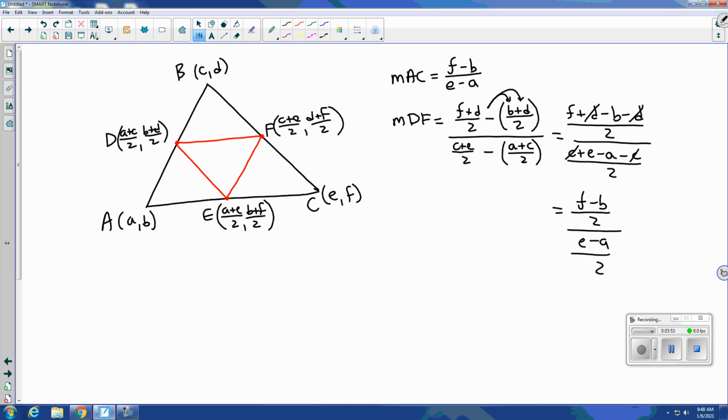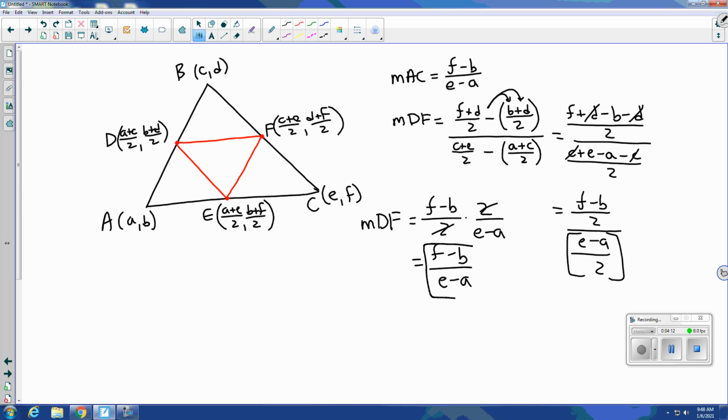So we have this complex fraction. Dividing by this bottom piece is the same as multiplying by its reciprocal. So F minus B over 2 times 2 over E minus A reveals our slope of DF. Those 2's cancel and we get F minus B over E minus A. Notice they have the same slopes for whatever the values of A, B, F, and E are.